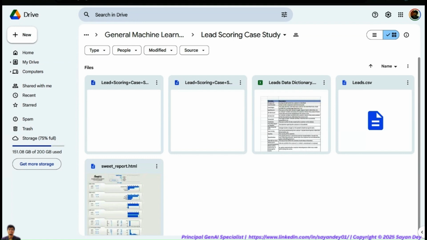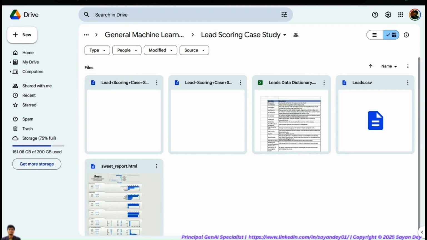It could be as simple as the amount of time you spent on the website, or how much time you spent interacting with customer care. Can we look at all these features and predict whether you will end up converting into a paying customer or not? That's the objective we are trying to address.